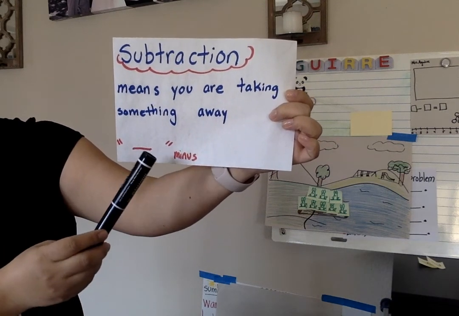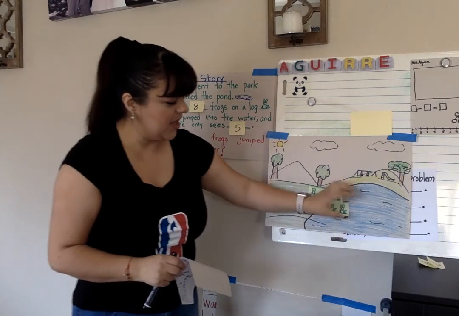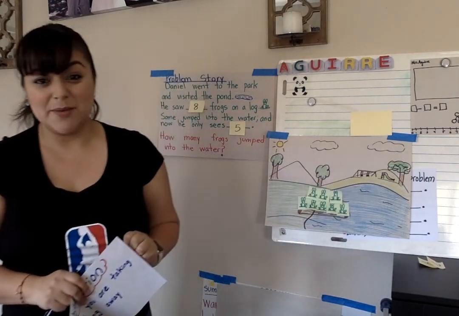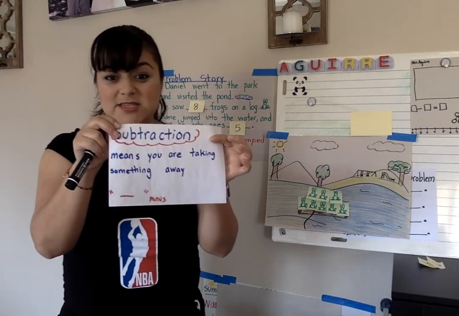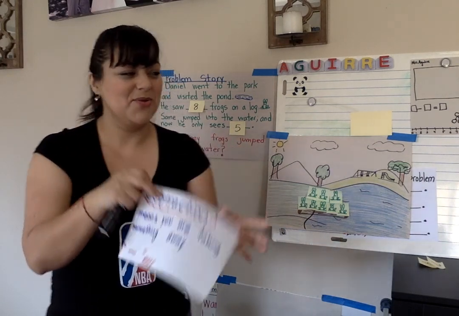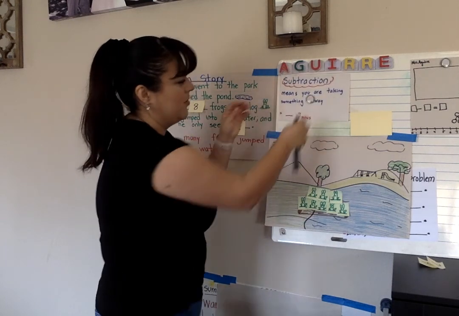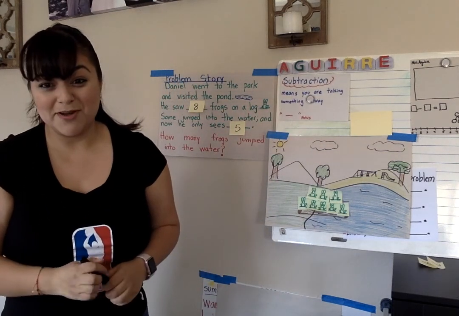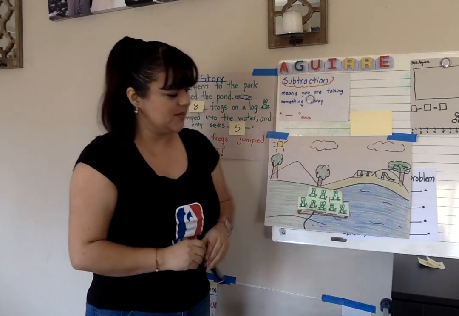And we use the minus symbol for that. So we're going to be taking away some frogs and putting them in the water. We're using subtraction for that. Okay, so I'll keep this here so we remember. Keep that in the forefront of our minds, scholars, so that we don't forget. We're putting some in the water.